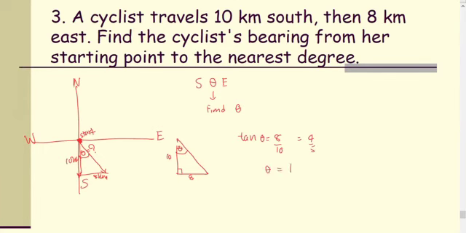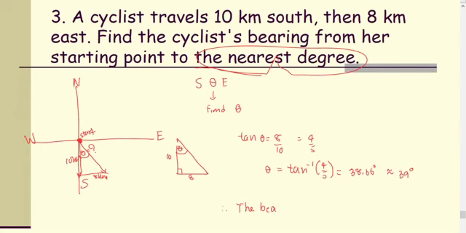Therefore, theta is the arctangent of 4 over 5, which gives 38.66 degrees. The problem asks for the nearest degree, so it is approximately 39 degrees. Therefore, the bearing is south 39 degrees east.